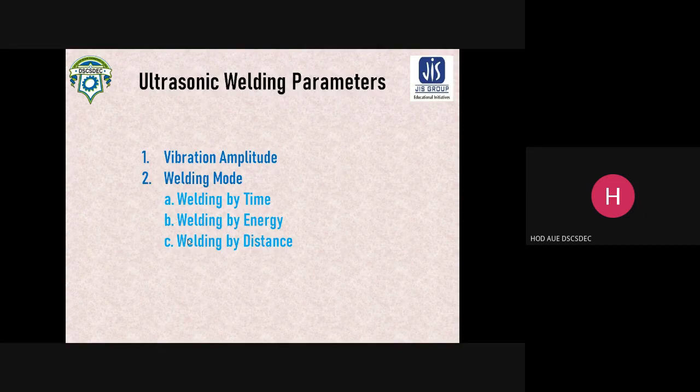There is no dependence on the time, energy or power required for this welding process. Welding by distance also compensates for the required tolerance level. Now, what do we mean by tolerance level?